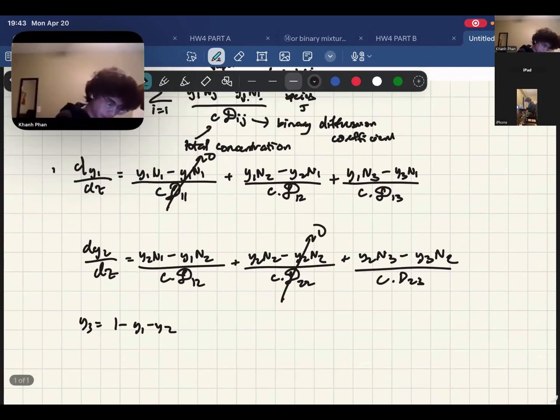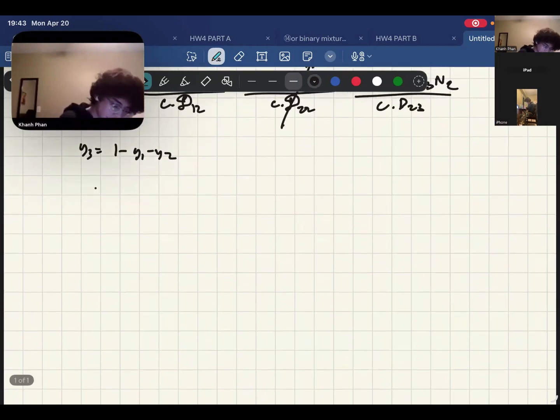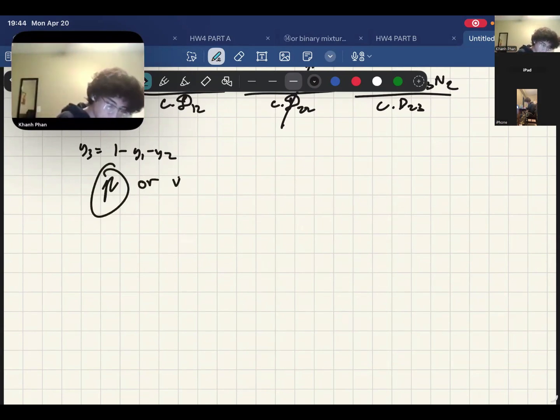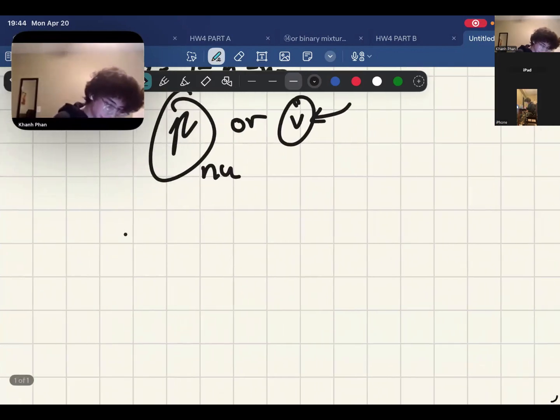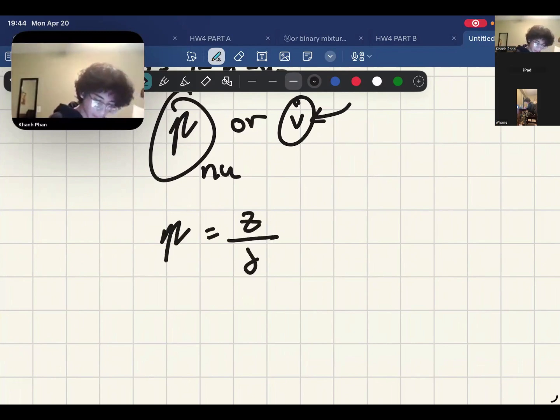So now that we've derived the Stefan Maxwell equation for dy1 and dy2, we can introduce a new scaling variable, nu. I asked AI and they use v, which I'm not sure why, but in class we use nu. So nu is equal to z over theta.